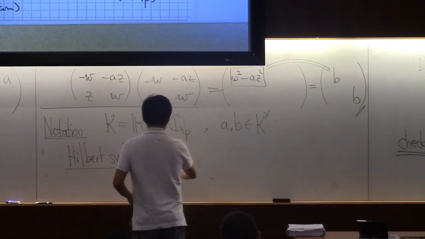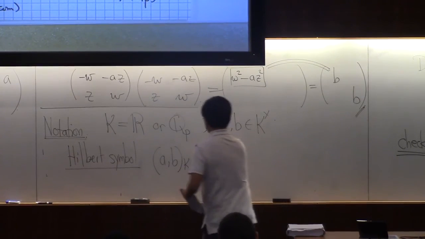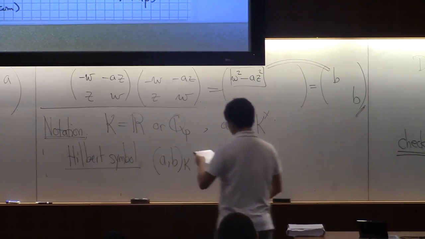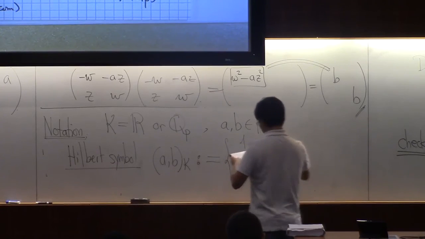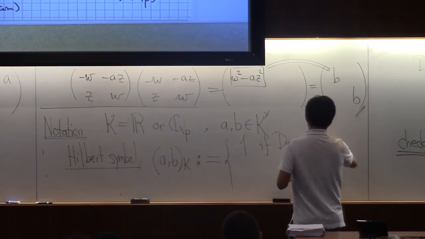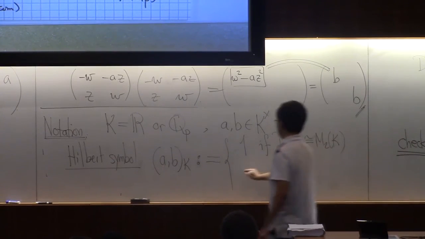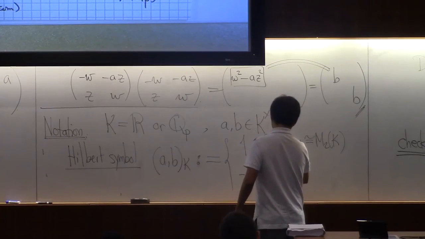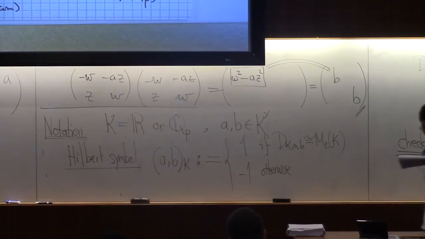I define (a,b) sub k to be 1 if the quaternion algebra defined by a and b is just a matrix algebra. It's -1 otherwise. So just a plus or minus 1 sign.